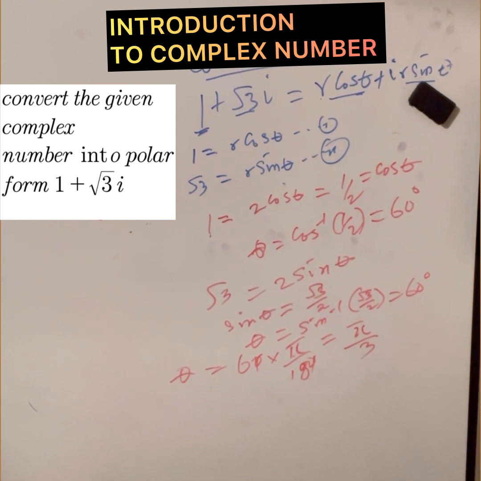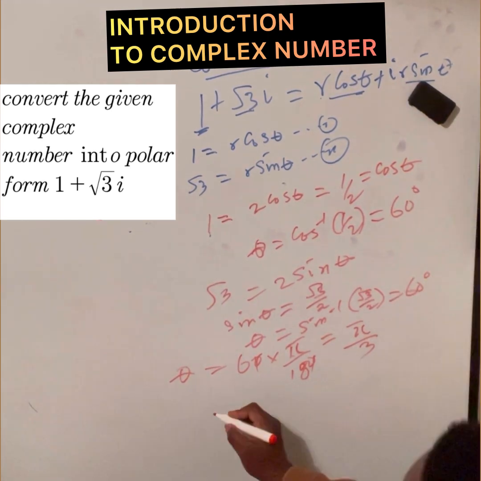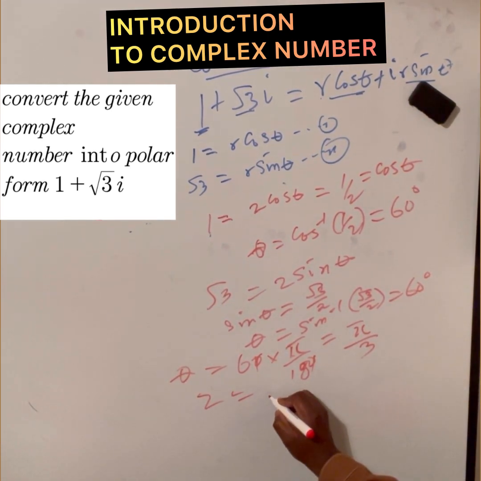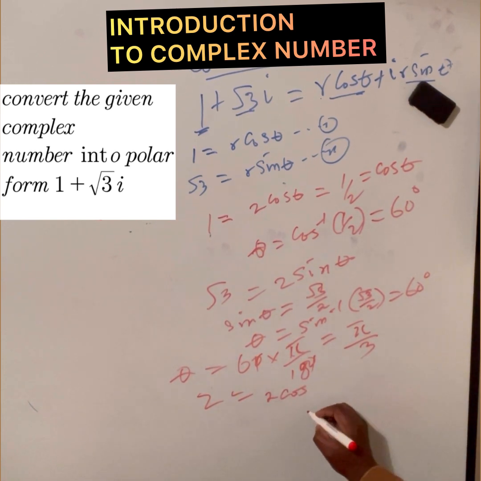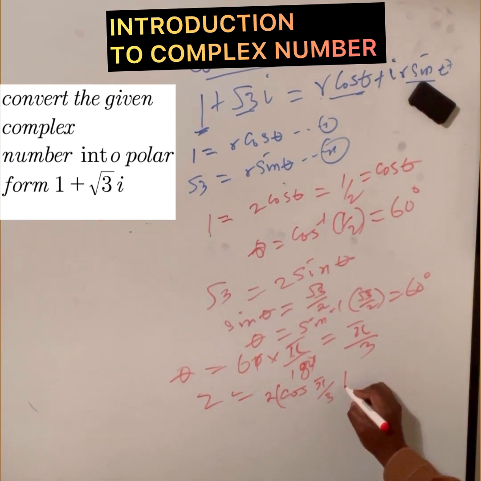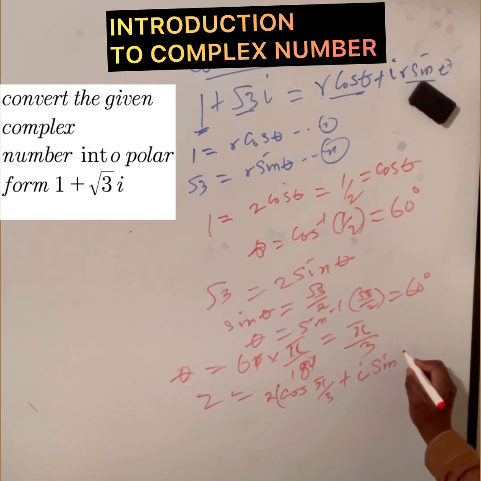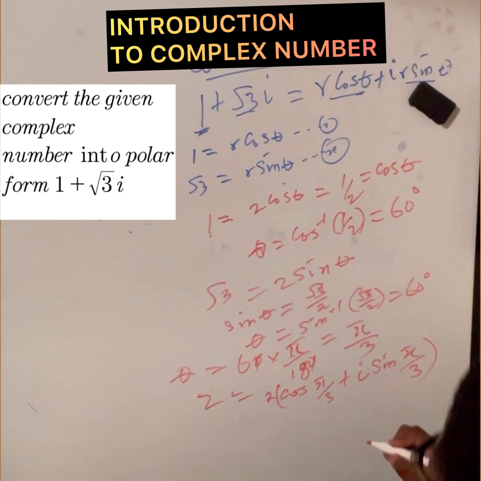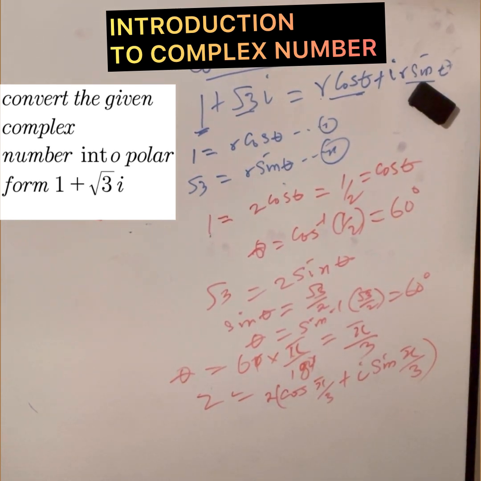Meaning that the polar form is going to be r, which is 2, times cos pi over 3 plus i sine pi over 3. Very simple. That is the second method.